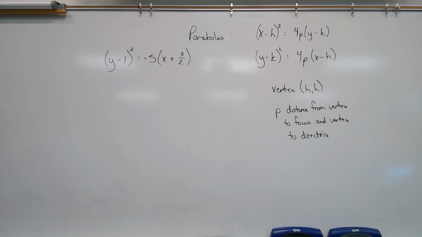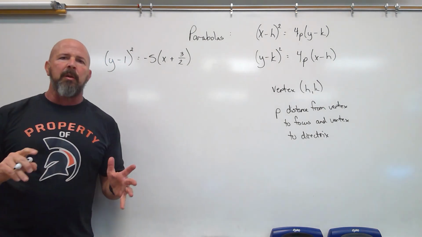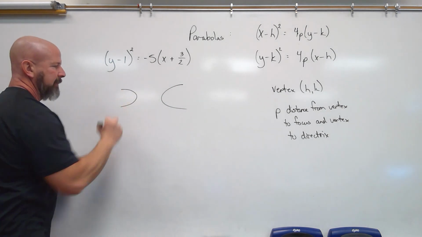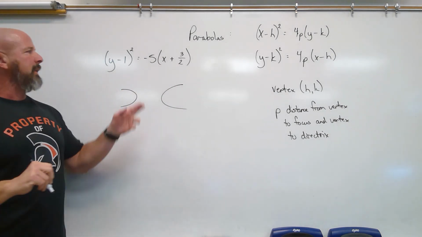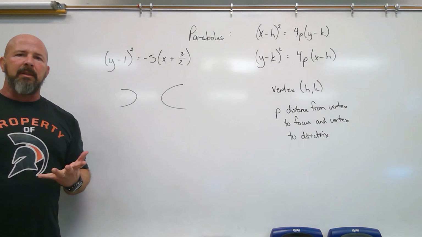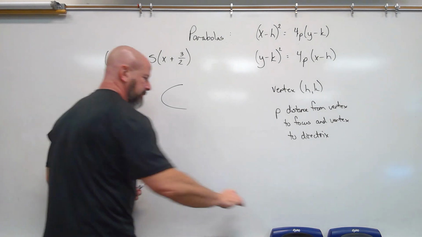But when I look at this, what I first want to realize is which way this parabola opens. As soon as I see this y being squared, I know that means it's going to be opening to the right, something like that, or to the left, something like that. The negative is what's cluing me in there. The fact that there's a negative means that we're going to be opening to the left.